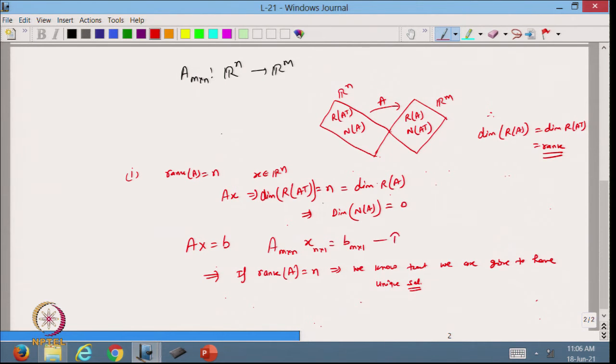So, Ax equal to 0 is going to have only the trivial solution, and a trivial solution means my x will be 0. So, that shows that the null space of A will contain only the 0 element.